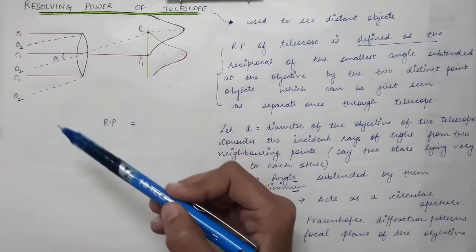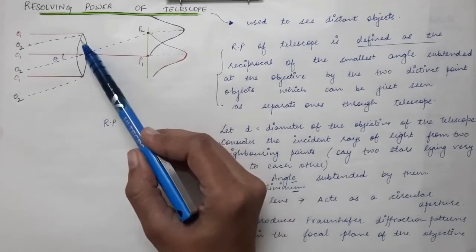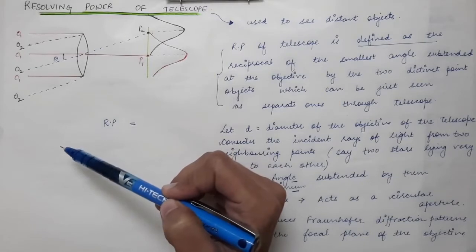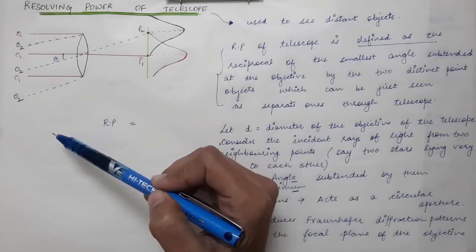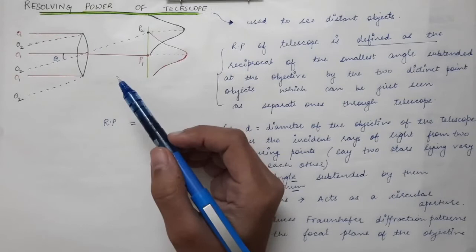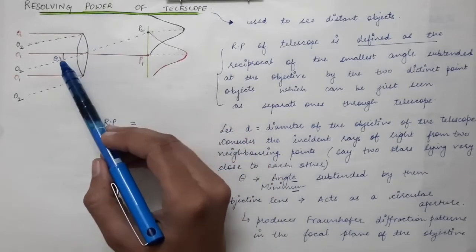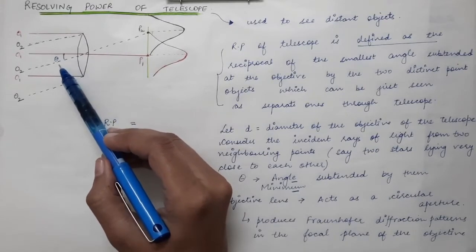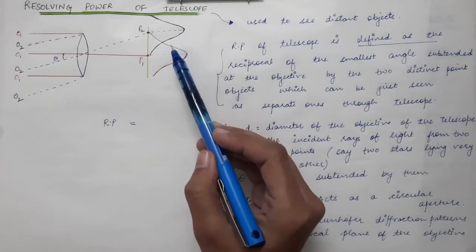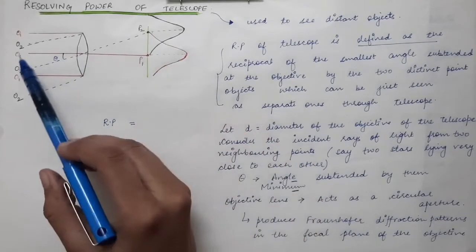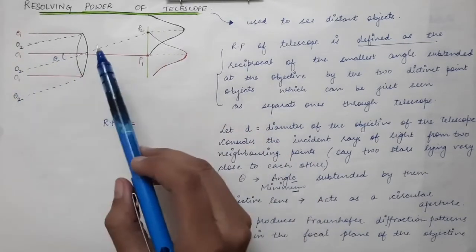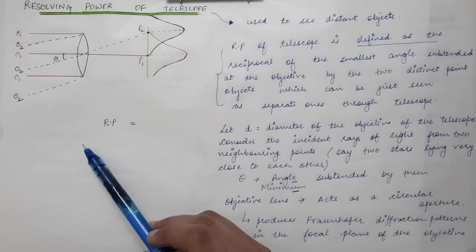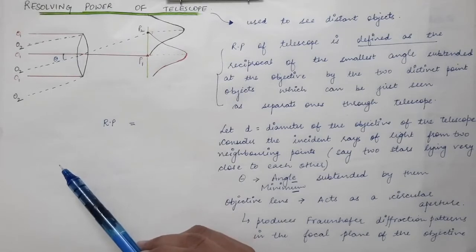And if I take another telescope of a different objective lens, then let's say for that particular telescope, the minimum angle that must be subtended is 2 degrees. For the first telescope, if I decrease the angle below 4 degrees, then these diffraction patterns will start overlapping with each other, and these objects will not be resolved.